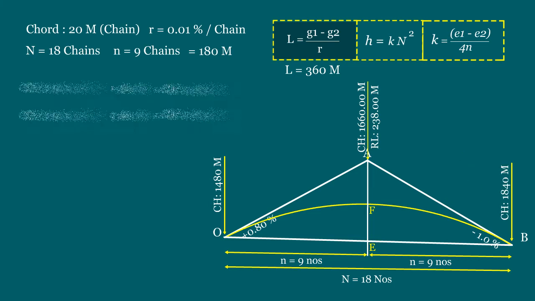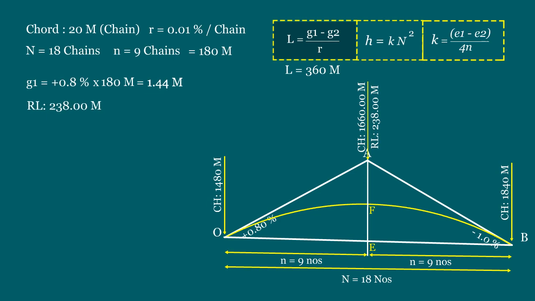Now, we will find the RL values of each tangent point. For the first tangent point, the value of G1 equals 0.8%, and the length of the tangent point from the apex is 180 meters. So, the difference in elevation equals 1.44 meters. So, the RL of tangent 1 equals the RL of the intersection point, 238, minus 1.44 meters, that is 236.560.